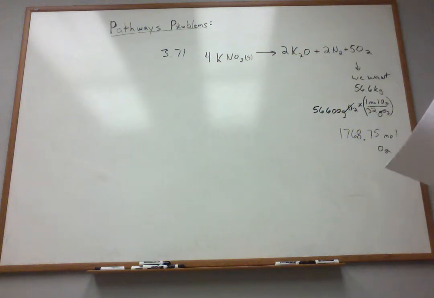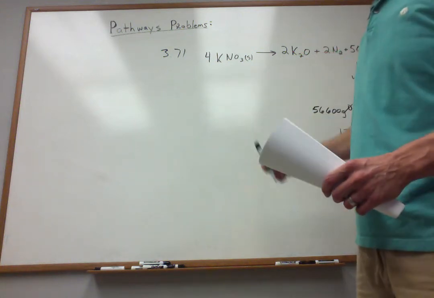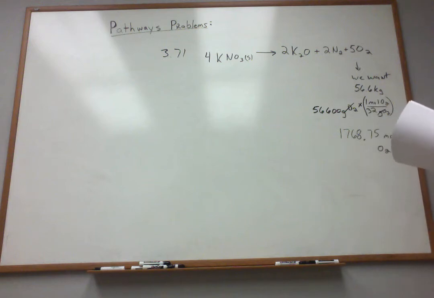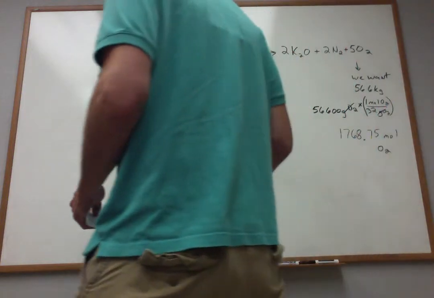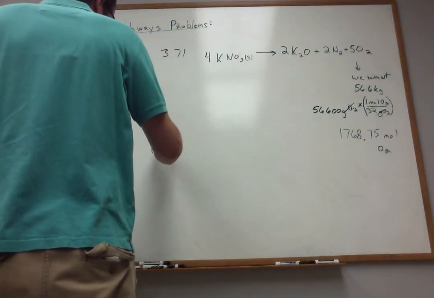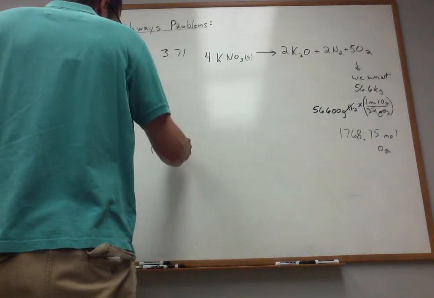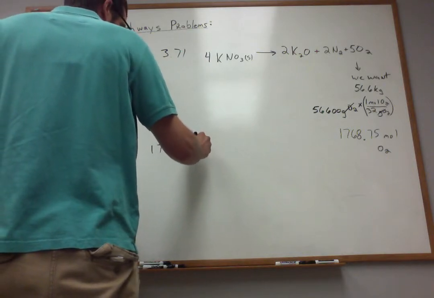So the question is, well, how much of this do I need to decompose to make that, okay? Well, how can we figure that out? What do you think? I now have a known quantity of one of my products, which is 1768.75 moles.